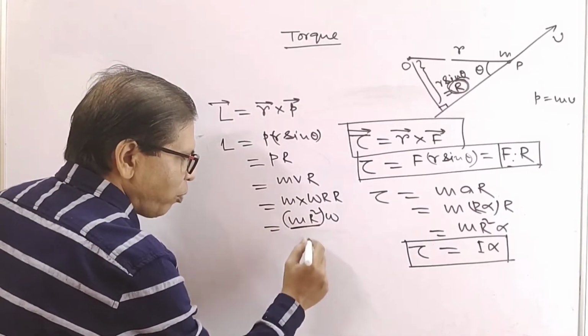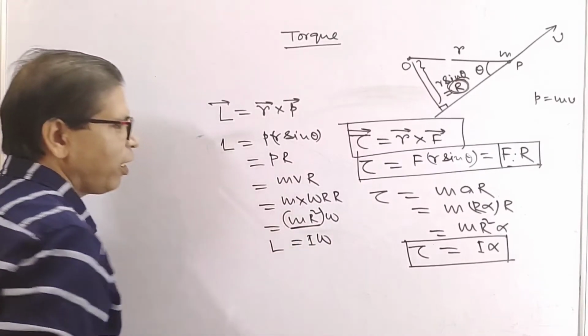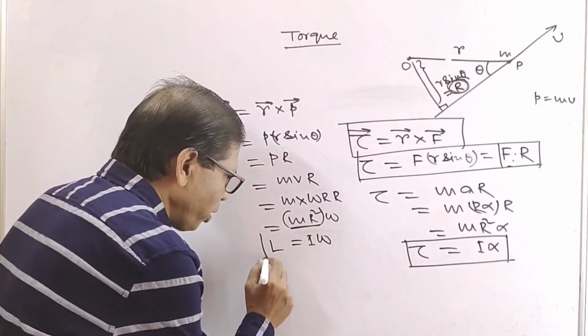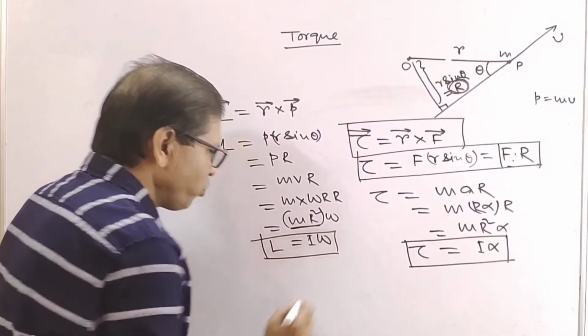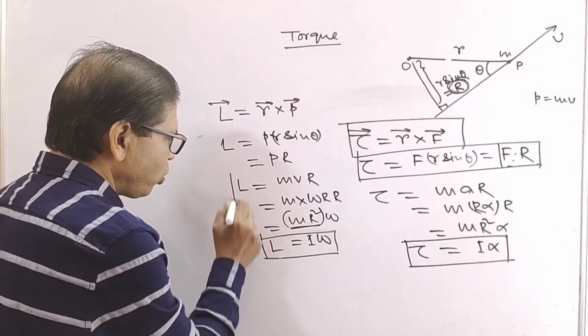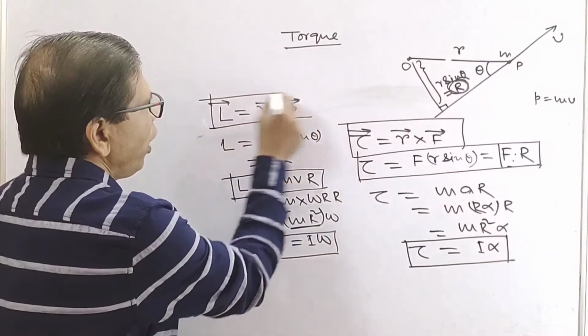Now m r square is the moment of inertia, so this is I omega equal to L. As with torque, angular momentum also has three relations: L equals I omega, L equals m v r, and L vector equals r vector cross p vector.